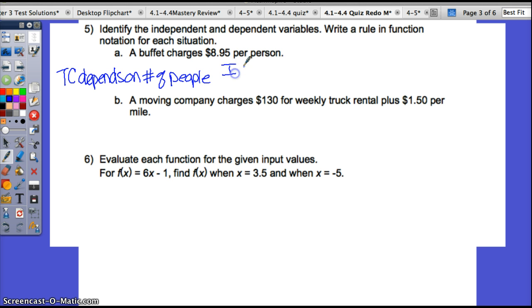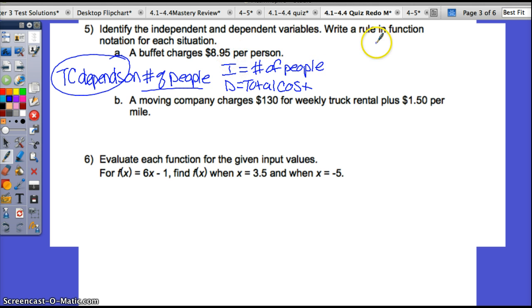So your independent and your dependent. Your dependent is your total cost, and your independent is the number of people. And since it says write it in rule and function notation, you'd have f(x) = 8.95x.